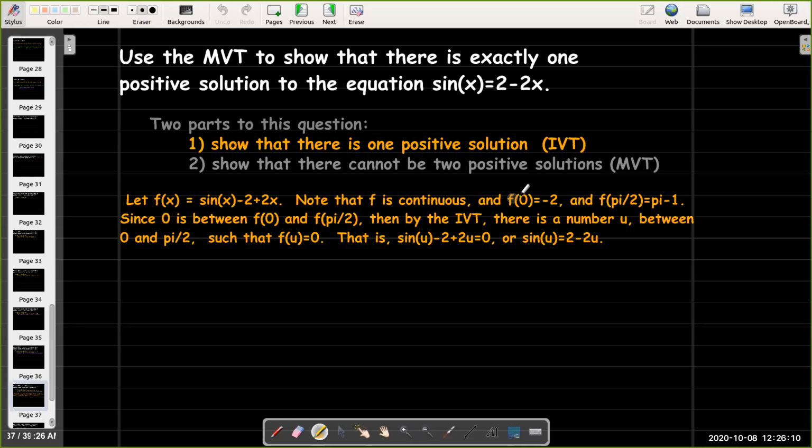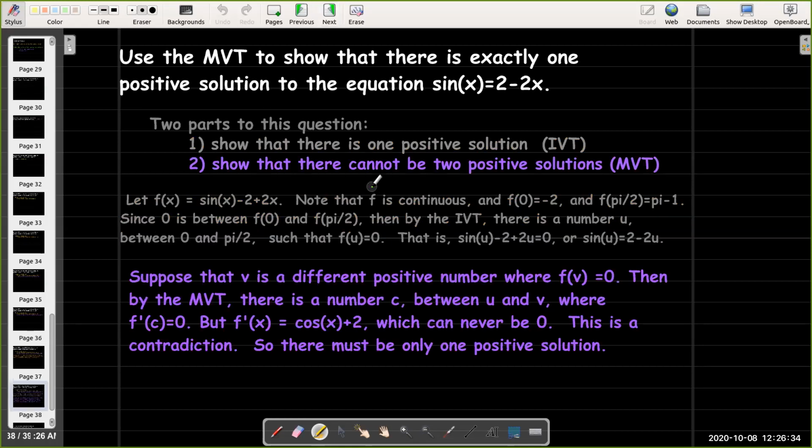So f of 0 is negative 2. f of pi over 2 is pi minus 1, which is positive. So since 0 is between f of 0 and f of pi over 2, then by the intermediate value theorem, there's a number u between 0 and pi over 2 such that f of u equals 0. And that u is our solution.